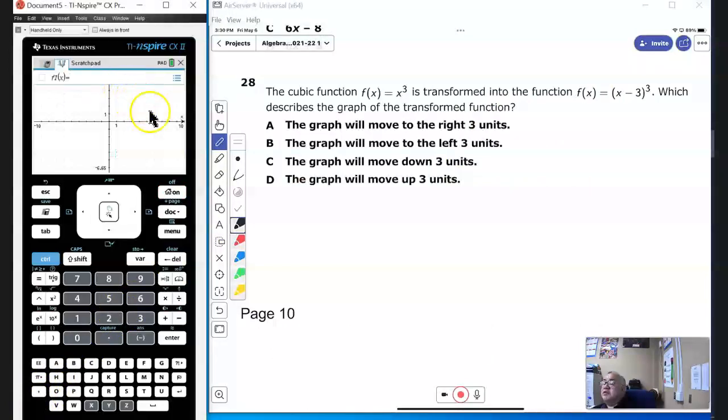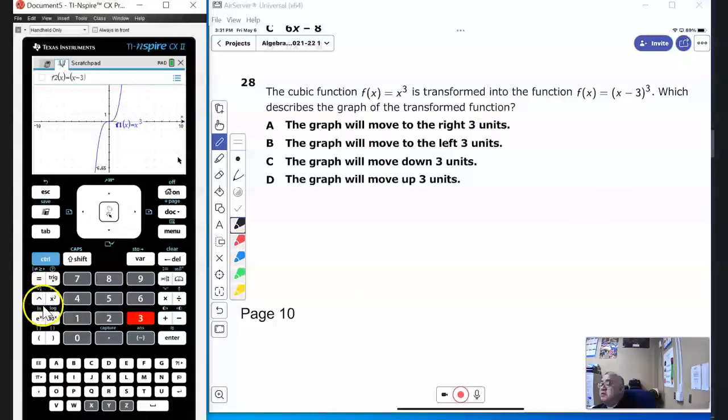We're going to talk about transformations. And yes, I'm going to let you use your chart. We have a cubic function. We have x to the third power. And we're going to go ahead and rewrite the new function. So we have parentheses x minus 3.